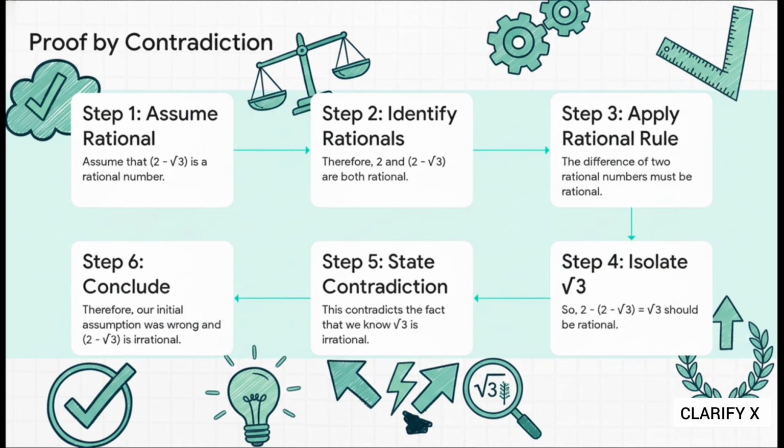From there, you just use some basic algebra to isolate the known irrational part, the root 3. What this does is it forces a logical showdown. You end up with a statement that says an irrational number is equal to a rational number, which we know is impossible. And that's it. That's the contradiction. You've proven your initial assumption was wrong, so the number must be irrational.